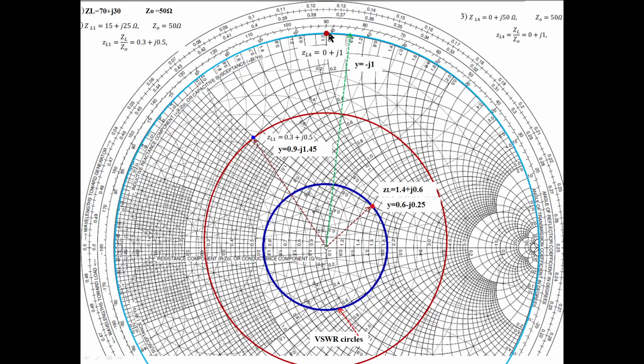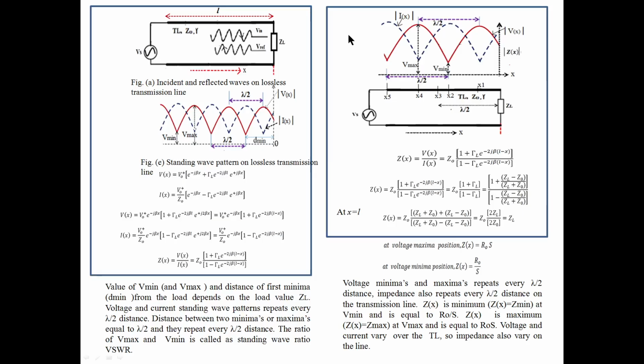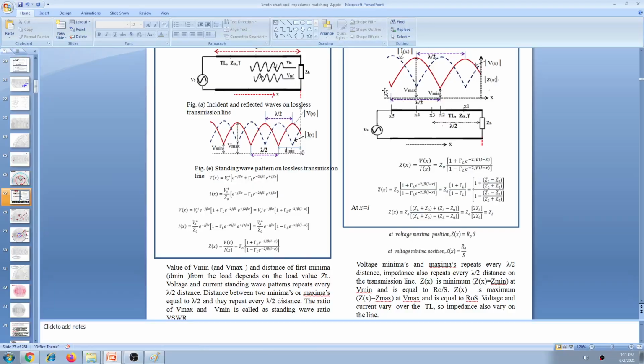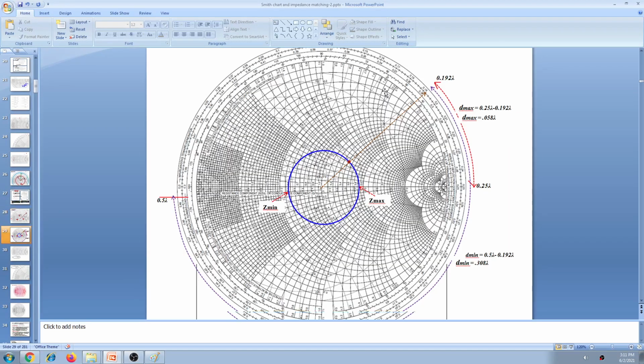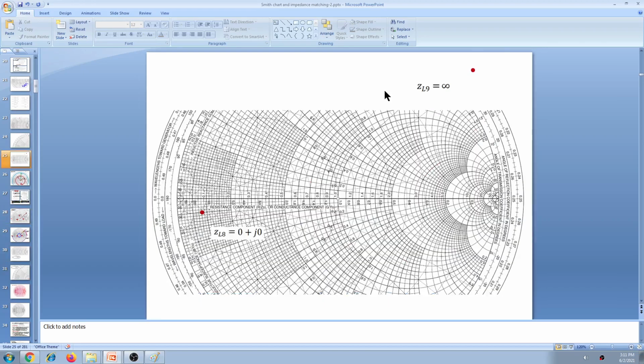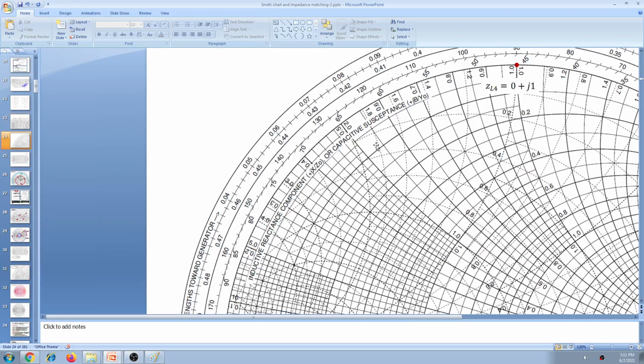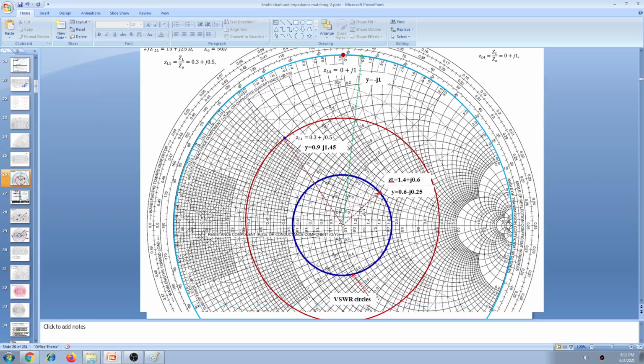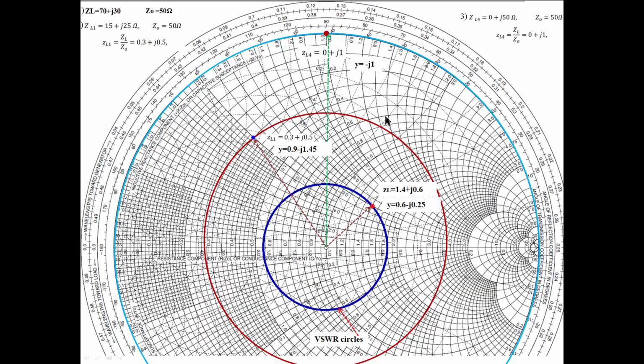Now for the VSWR circle, you have to draw the circle. Take this as a radius, from here to here, and draw the circle. So this is our load point here.